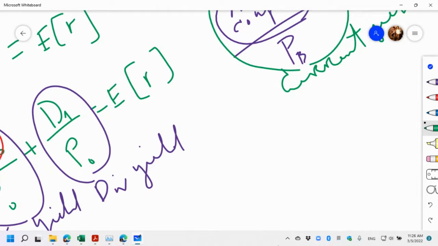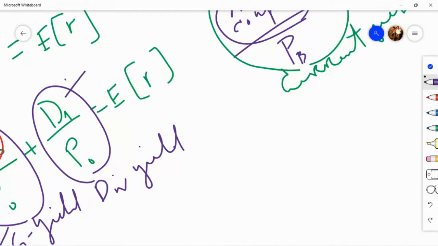Yeah, because dividend is coming from profit. Another name for profit is, anybody? It comes from profit, but what's another name for profit? Income? No. Revenue?